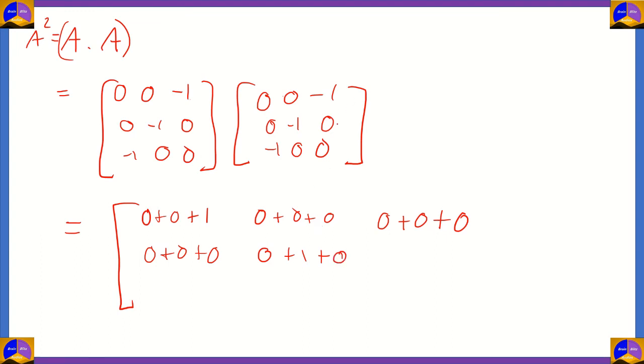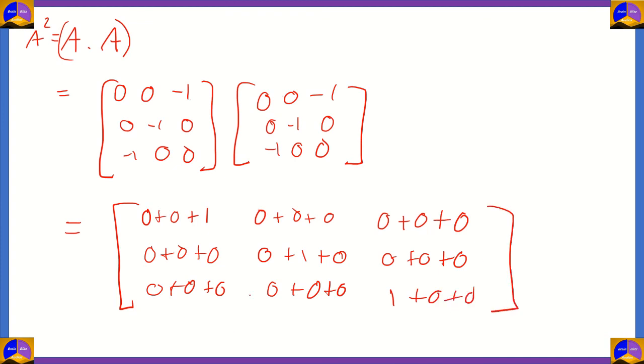For the third column, it's essentially 0 plus 0 plus 0. You can do that on your own, and you will get the same values. And for the final row, -1 times -1 equals 1, plus 0 plus 0. So basically, what you get is A square equals 1, 0, 0, 0, 1, 0, 0, 0, 1.